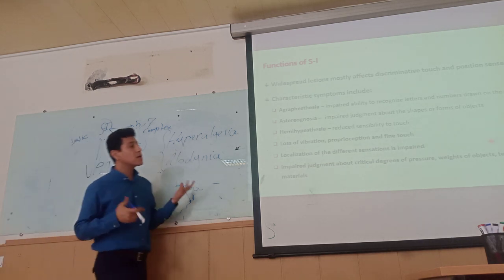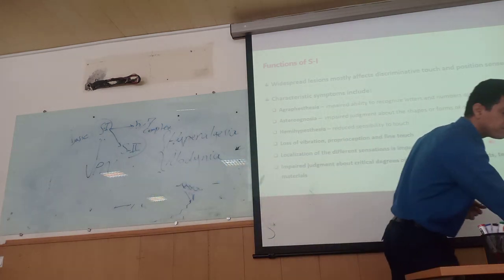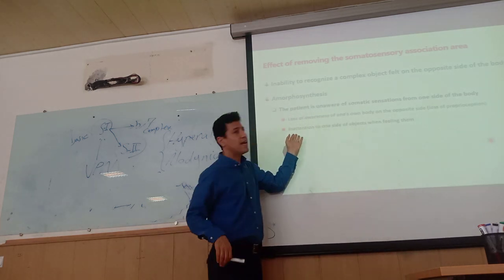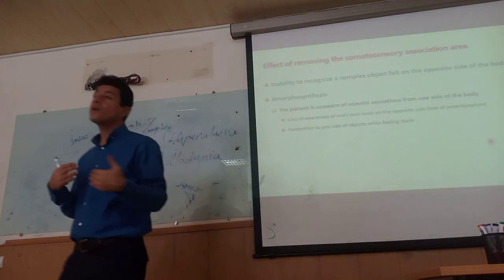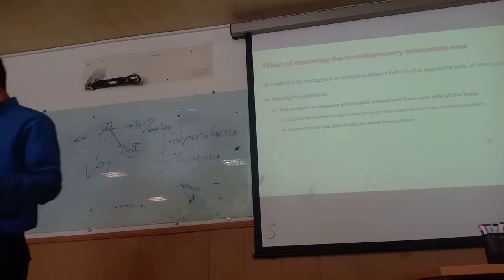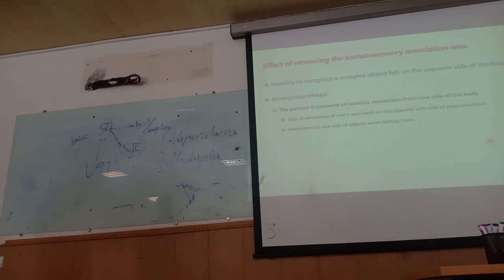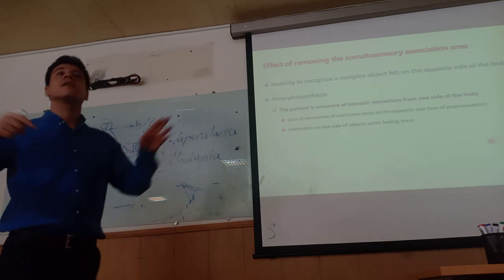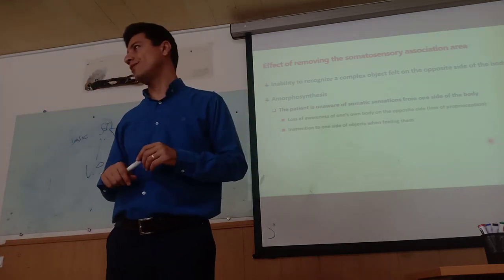But there are also some other complex problems: the patient is unaware of the other side of the body, the opposite side, because the final sense of proprioception happens in the somatosensory association. So the position of the limbs, the movement of the limbs are finally judged in the association.